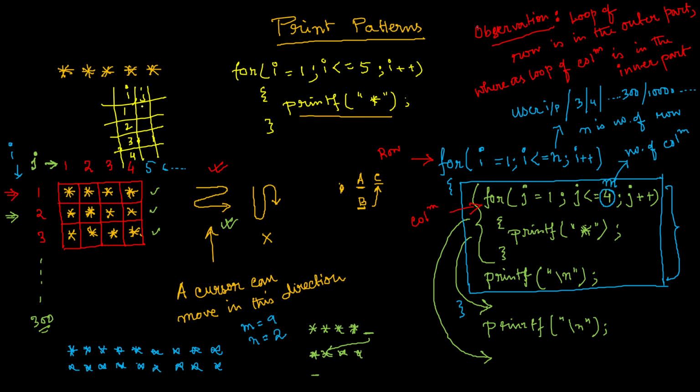Anyway, if I consider 4, in the first row I have 3 stars. In the second row, again I have 3 stars. In the third row, I have 3 stars. In the fourth row, I have 3 stars. In all cases, I have 3 stars. So basically, j is not a function of i in this case.